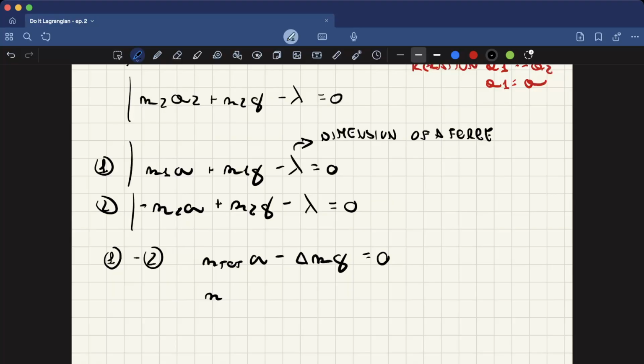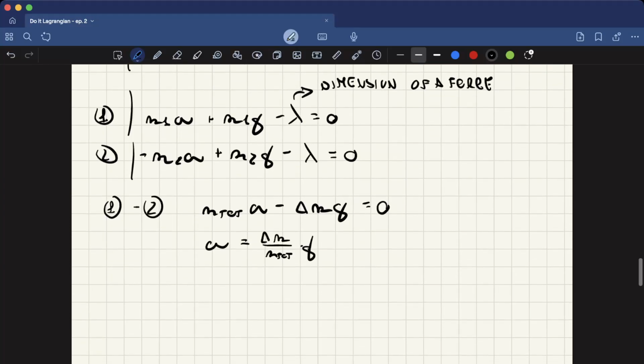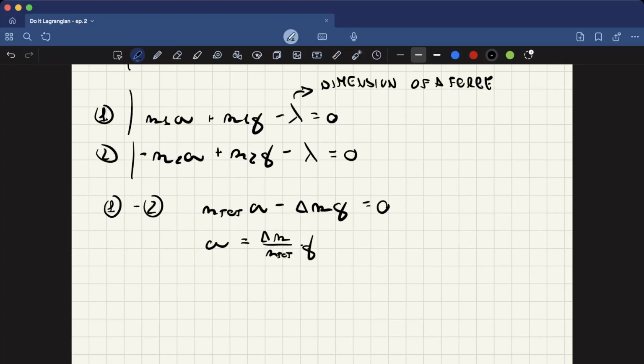So here we can find the acceleration of the system, which will be equal to Δm over the total mass times g, and then we can substitute this into the second equation, for example, to make it clear that it makes no difference in which of the two equations we substitute our relation.